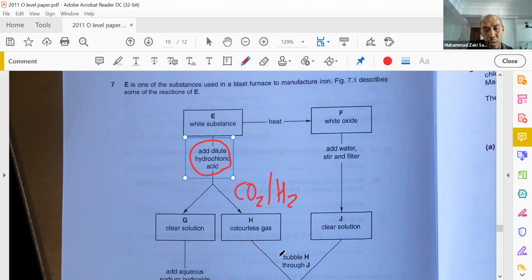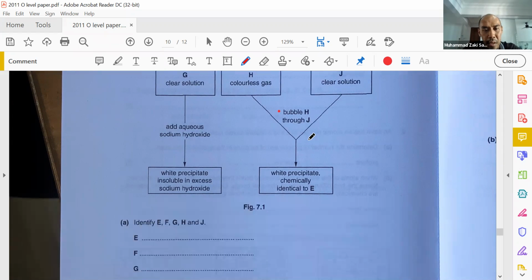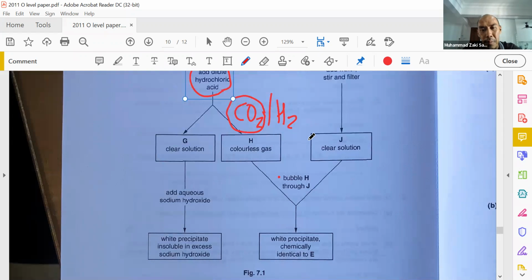I have to look further down. So here they bubble it through J and then get white precipitate. So there's something to do with the white precipitate. So that gas should be carbon dioxide. So H should be carbon dioxide. So that means J is lime water.